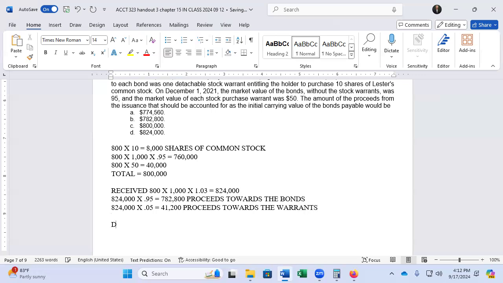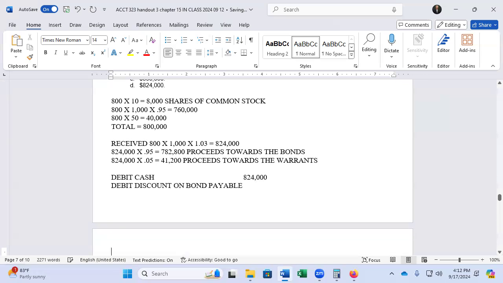And so I like to do an entry. We're going to debit cash. How much cash do we receive? 824,000. Excellent. We had a discount on bonds payable.